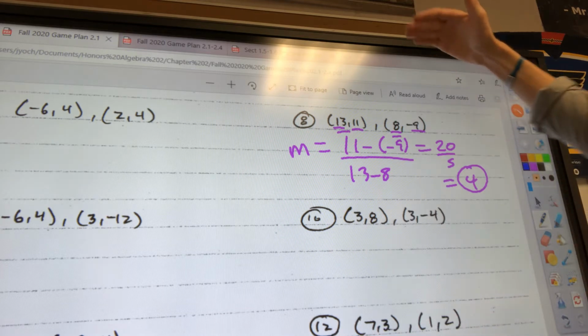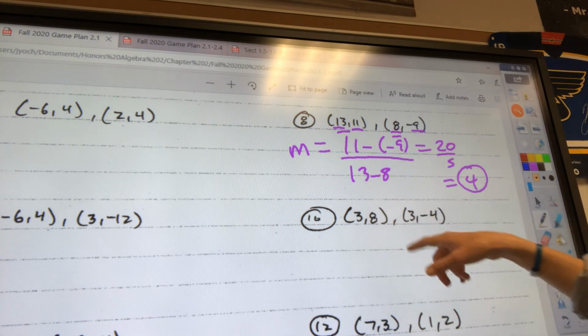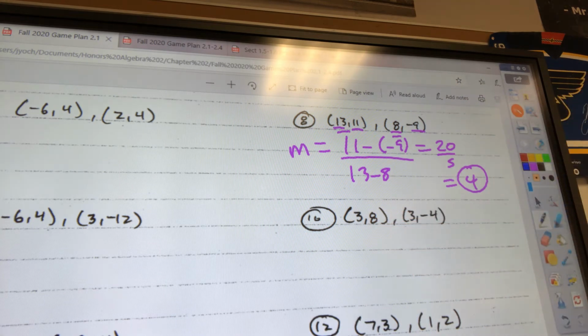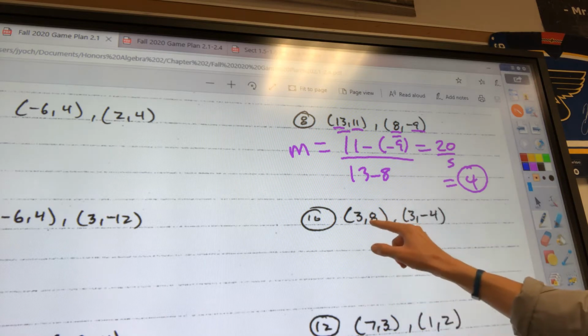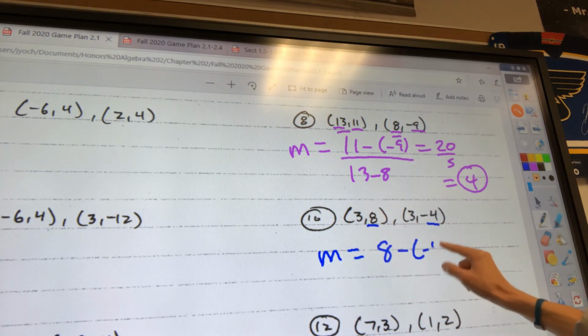So, here was y1 minus y2 over x1 minus x2. The same thing on 10, whereas same thing on 9. Whereas in 11, I would do y2 minus y1. It's just going to change. I will be consistent, and then I will do always the bigger y minus the smaller y.